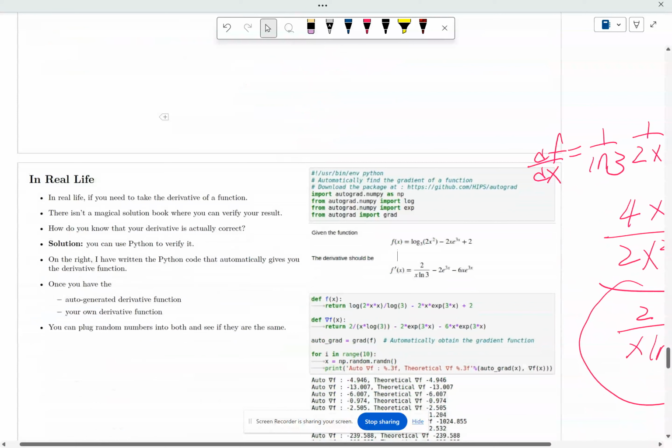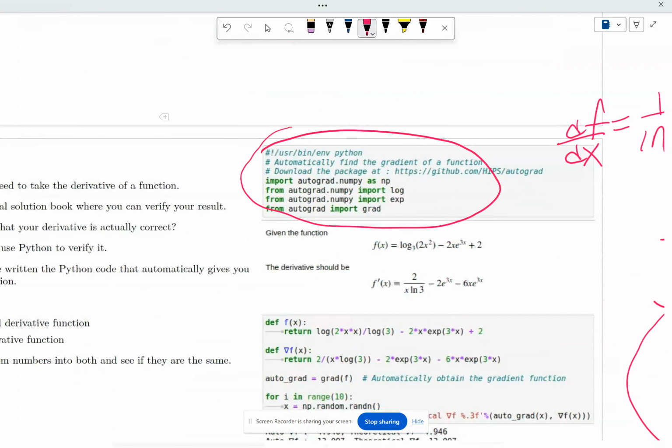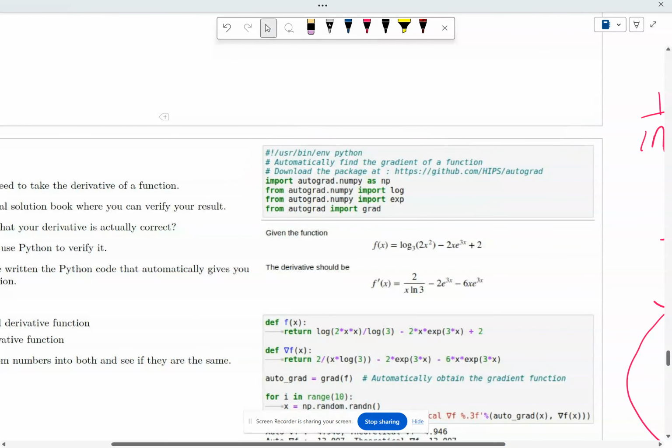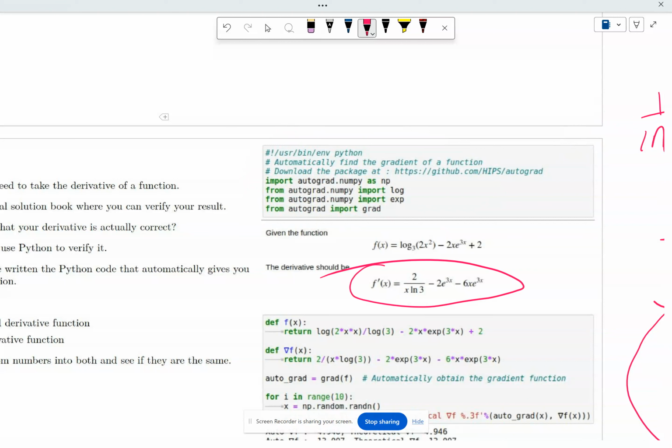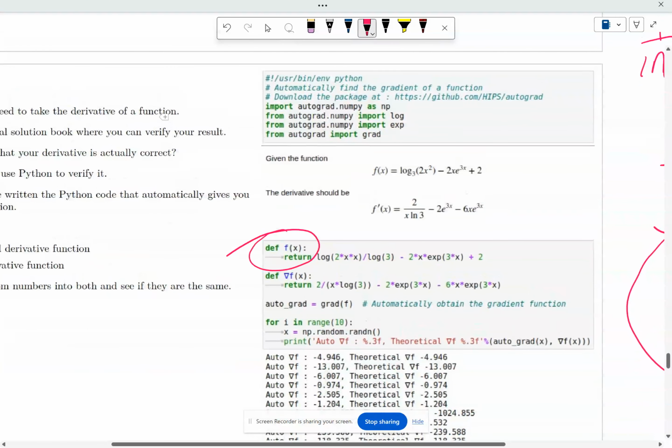If you are in the real world, you need a way to double check your work. And the way you can do it, I'm teaching you now, is to use Python. So these are the libraries you will need to use. We just calculated this derivative, right? And let's assume you don't know whether this is the right answer or not. What you can do in Python is define a function.